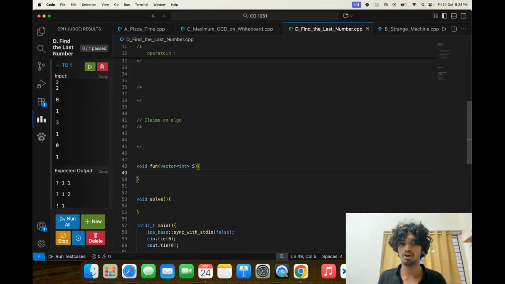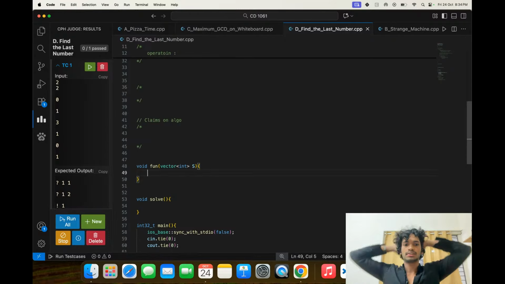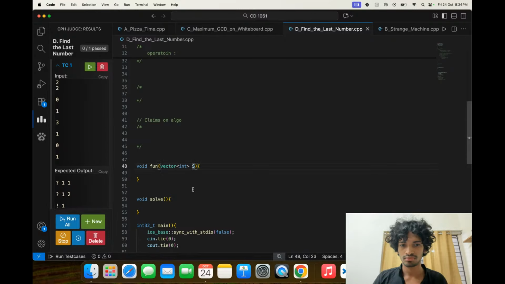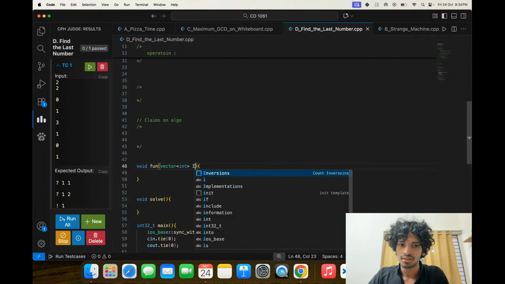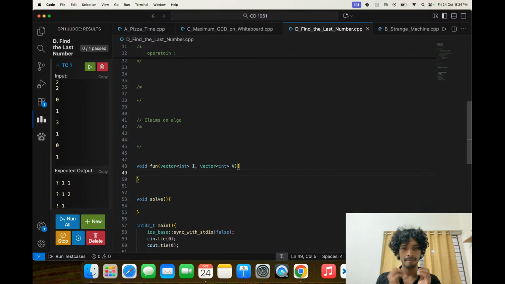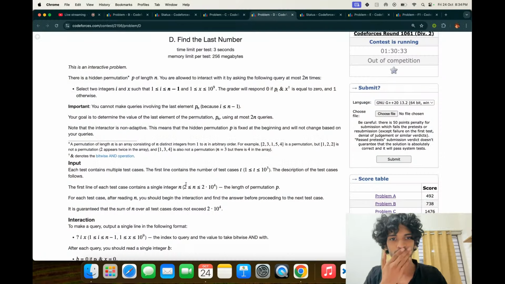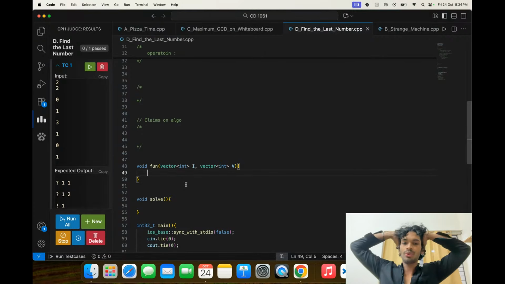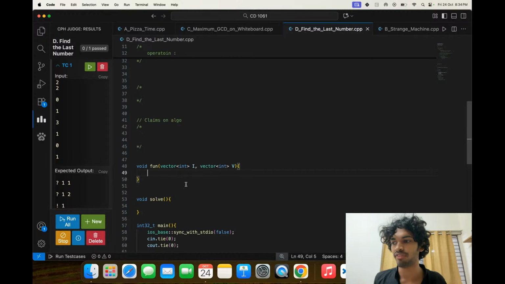We have a set of possible indices. We have a set of possible values. I'll check the last bit of everything.